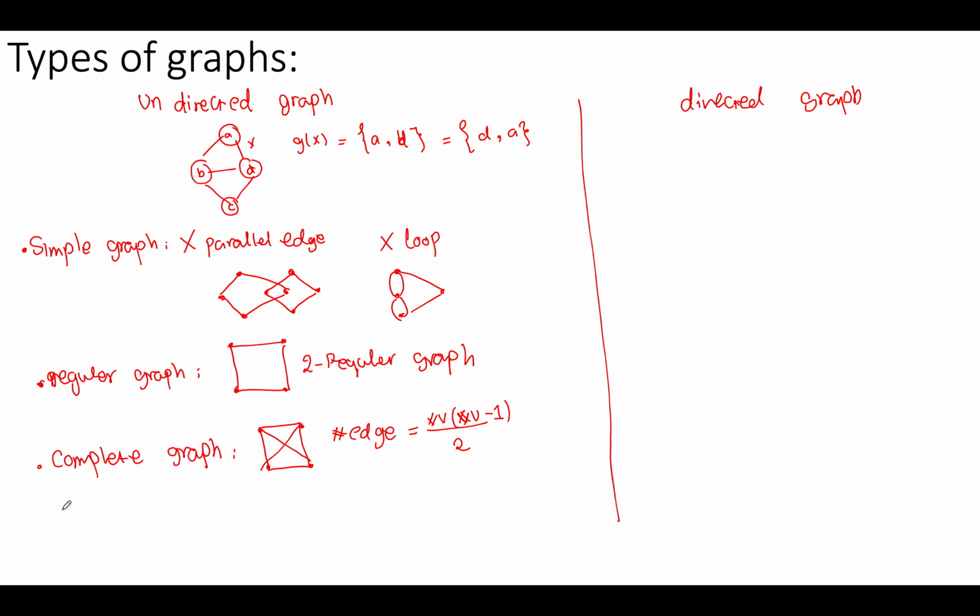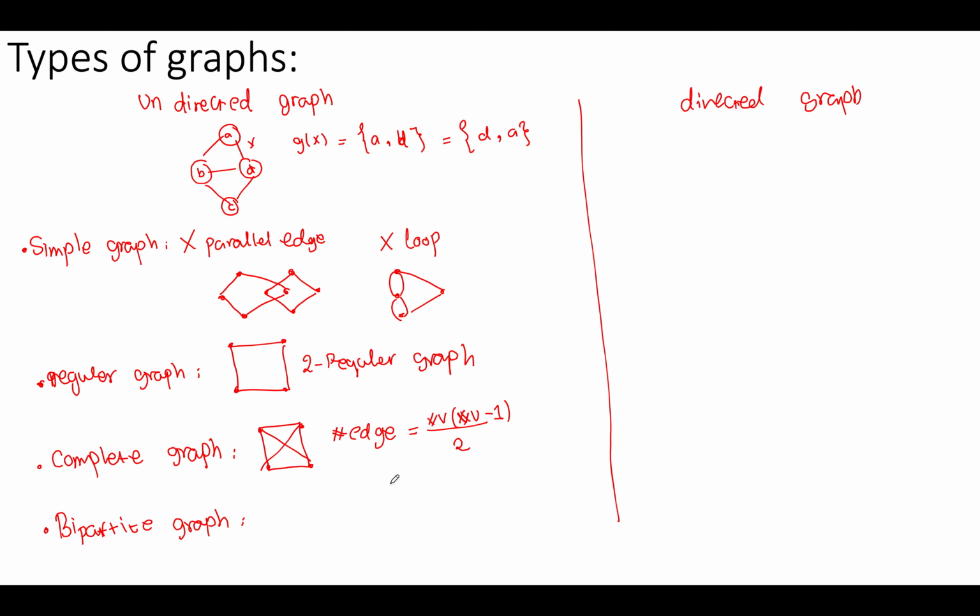The final type of the undirected graph is named the bipartite graph, where we can separate the vertices in this graph into two groups, where the vertices within each group are not connected to each other.